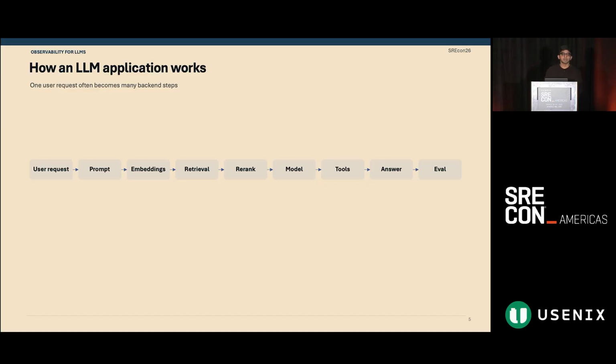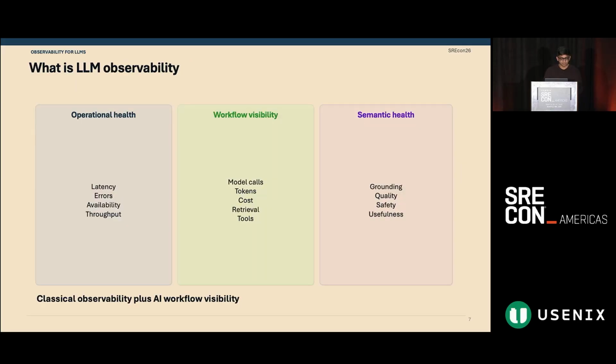Then it sends the prompt and the relevant context to the model. The model may decide to use a tool. Another model may be called to construct the answer. The app then formats the response, and then the app might run evaluations and safety checks before returning the response to the user. So the backend workflow is complex.